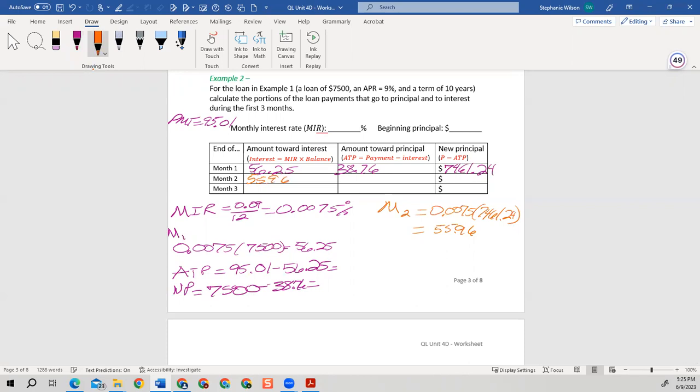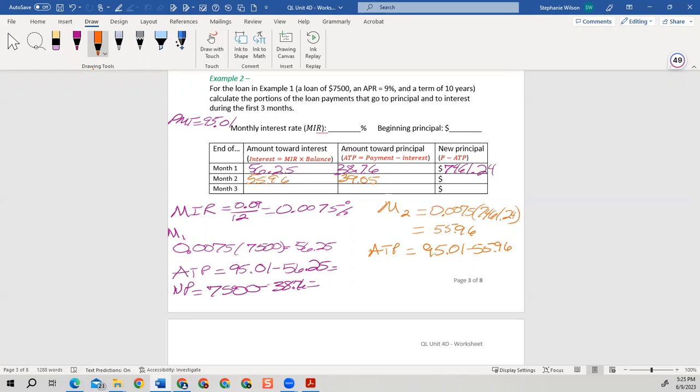And now I'm going to find the ATP. So that's going to be $95.01, because that's the monthly payment, minus that 55.96, which gives me 39.05. That's the ATP, excuse me, on the principal.